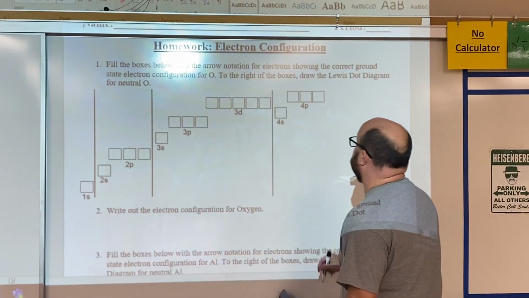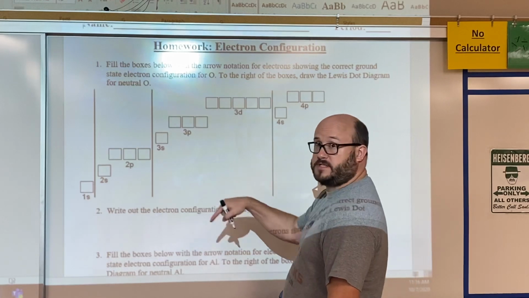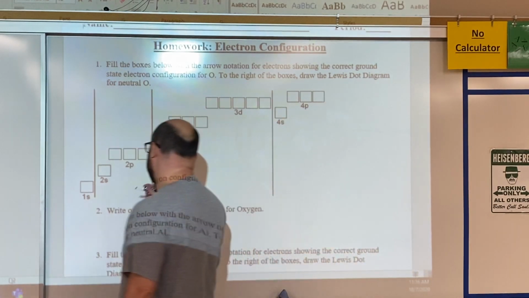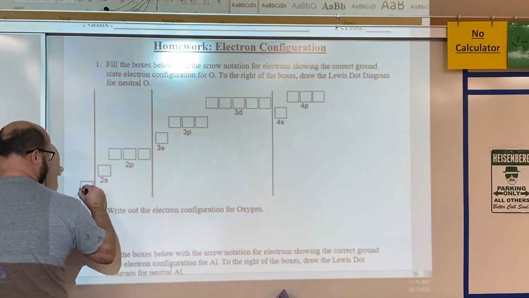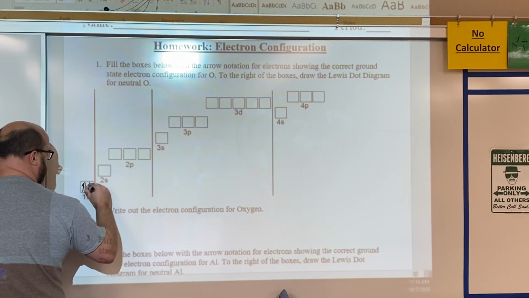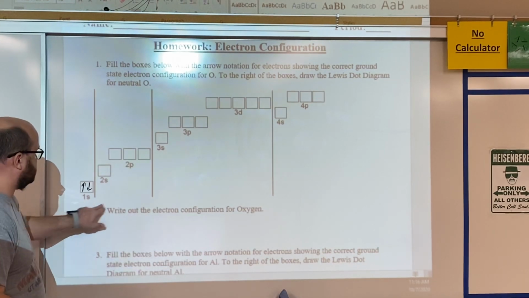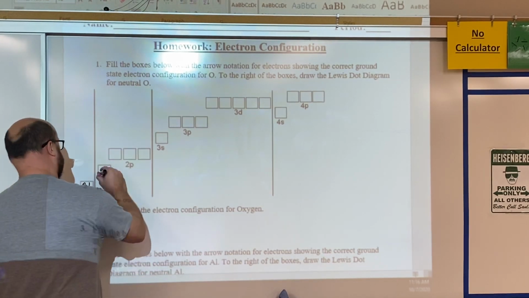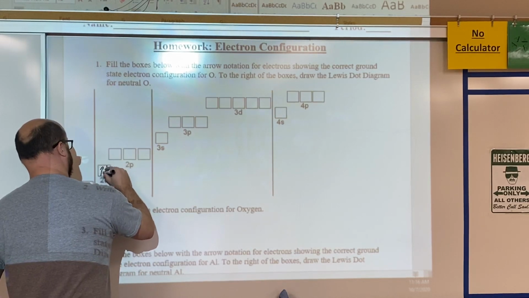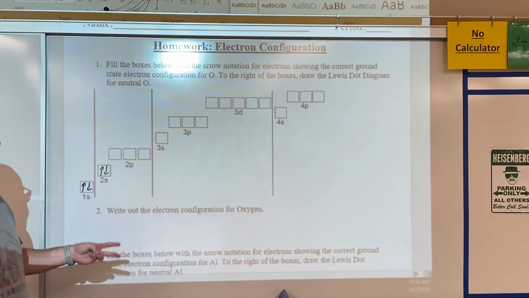So we're going to start with the lowest energy level first, and we're going to draw 2 electrons, 1, 2. They have to have opposite spin, as we've talked about. That's 2. We're going to move up to the 2s. We're going to have 2 there as well.